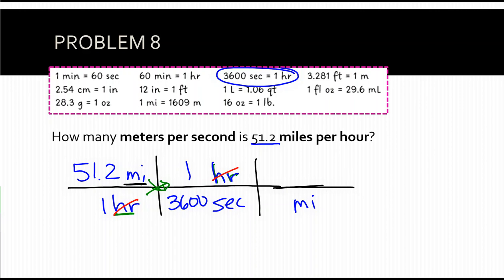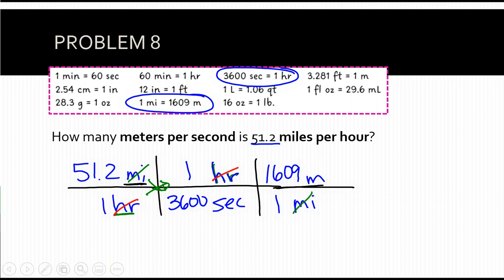And is there a miles to meters up here directly? Yes, we have miles to meters, so we can just do the direct conversion there. 1 mile equals 1609 meters. All right, now miles cancel with miles.